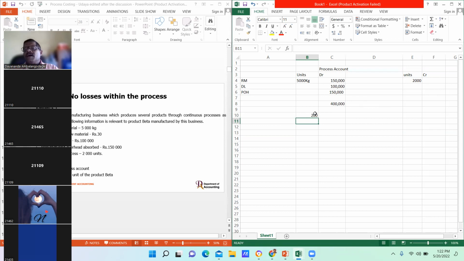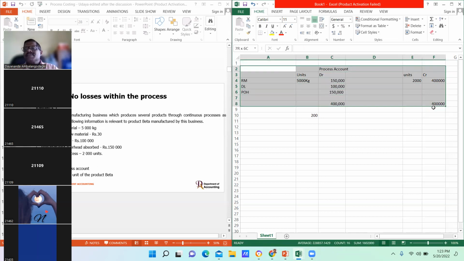So 1 unit is equal to 200. Then 2,000 multiplied by the 200, you get the value. So you will see that your process account is tally. That is the basic principle of process accounting.